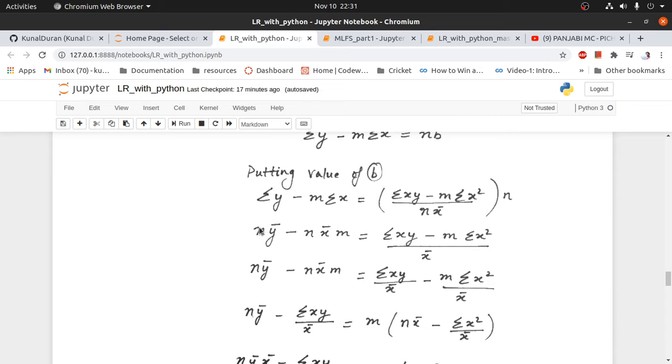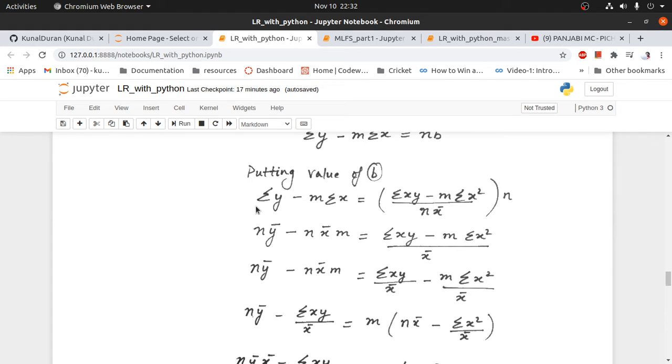Now by solving these, many times I am replacing sigma y with n into y bar. Y bar is the average, or we can say mean. Let's say if we have 10 plus 15 plus 5, the total is 30 and 30 by 3, the mean, is 10.